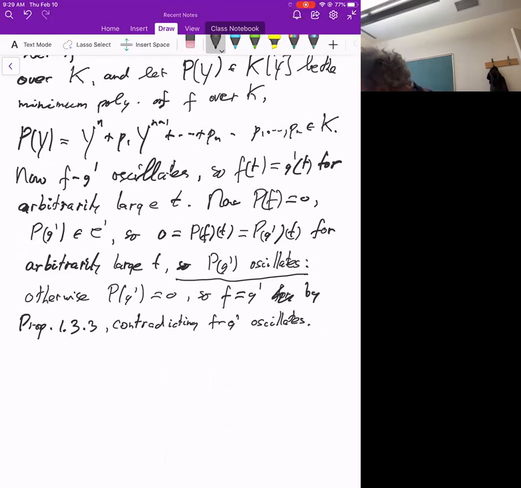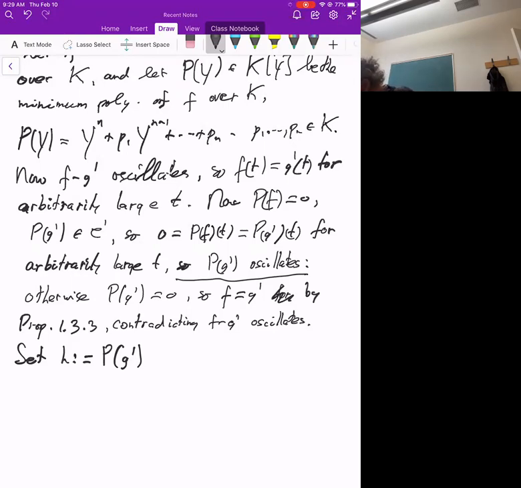Now it will be useful to call this H, which is P(g prime). Some C1 germ for the moment, and it's an oscillating one.